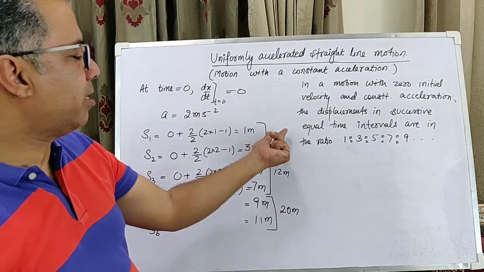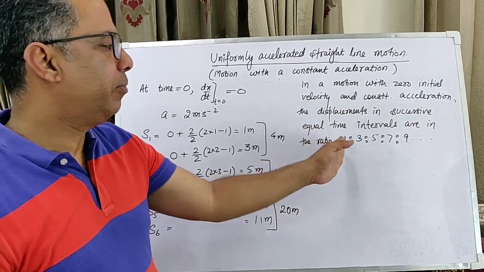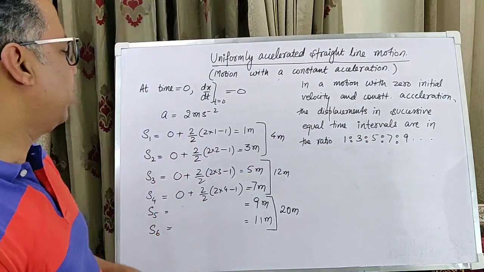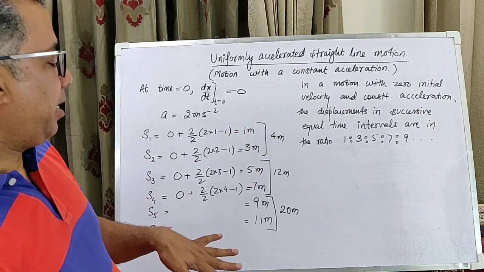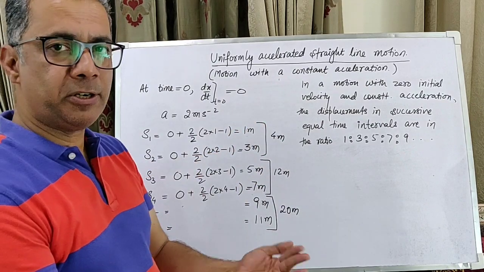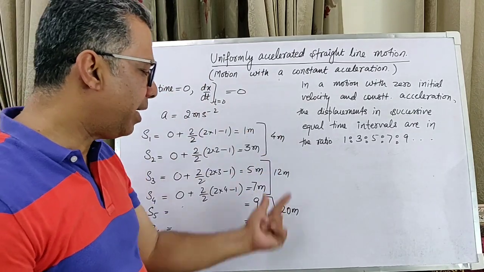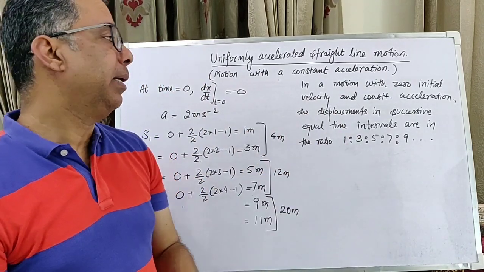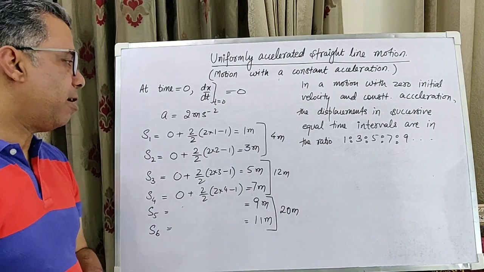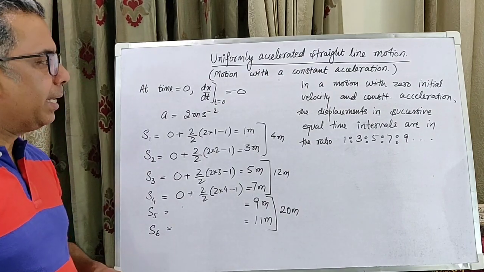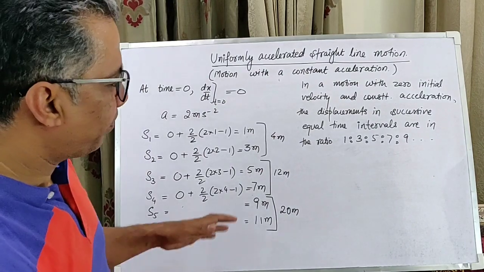So even if we take a 2 second interval, the same ratio works. If you picked up larger or smaller intervals than 1 second, you still end up with the same ratios, they work. And this is the concept of what we call Galilean ratios.